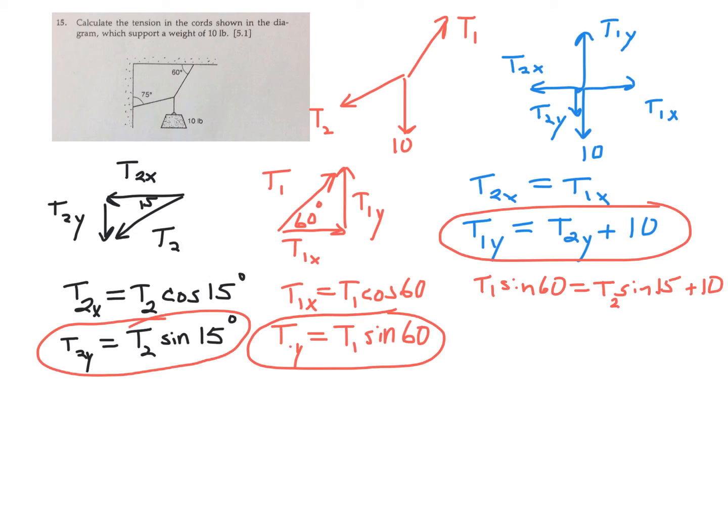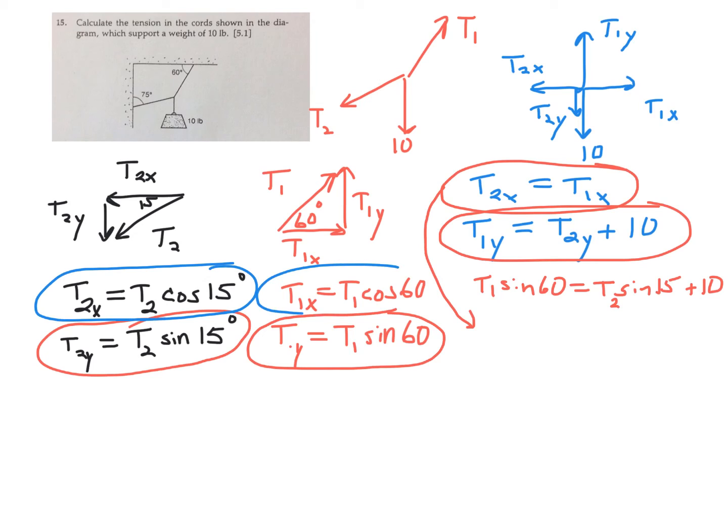Now, additionally, what I'm going to take is this equation right here. I'm going to come down and substitute in. I'm looking for T sub 2x and T sub 1x. Let me switch to a different color here. Well, T sub 2x is right here, and T sub 1x is right here. So I'm going to set those equal to each other using substitution.